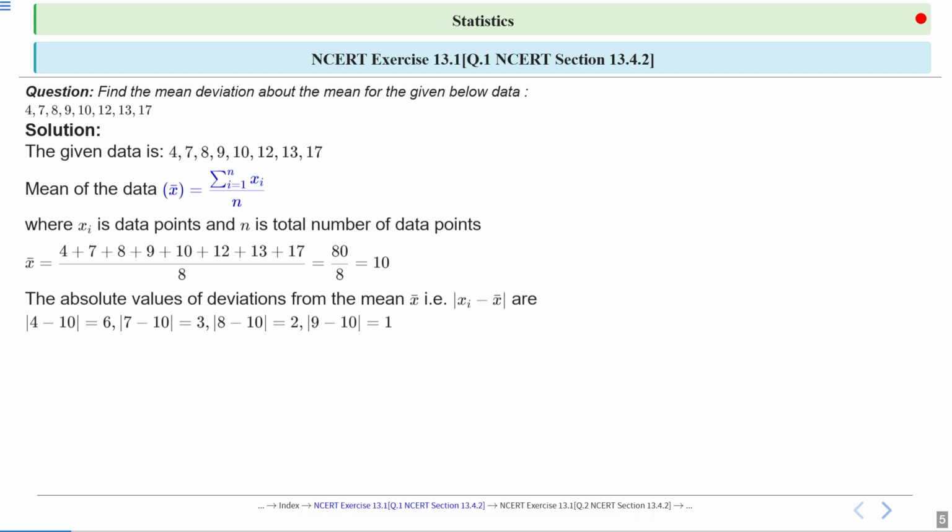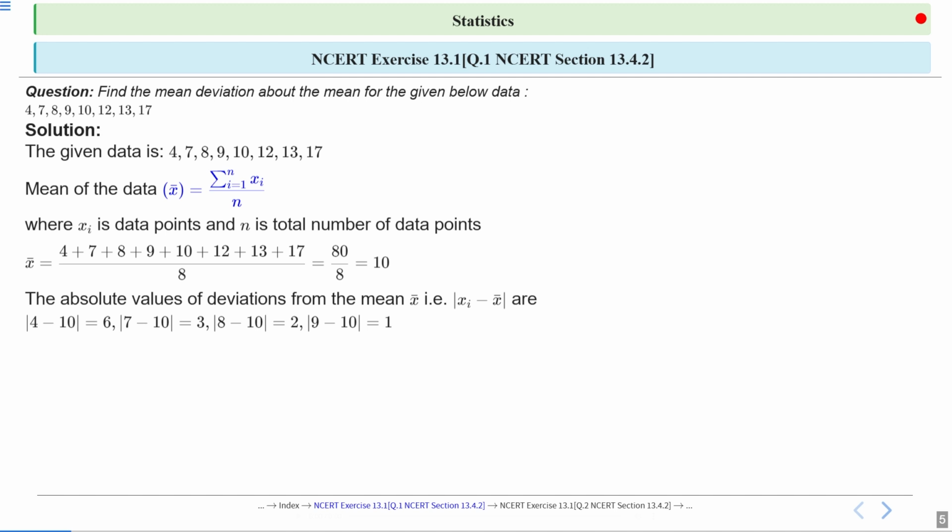the absolute deviation for 4 about the mean 10 is the absolute value of 4 minus 10, which is equal to 6, and the absolute value of 7 from the mean x bar equal to 10 is mod value of 7 minus 10 equal to 3.